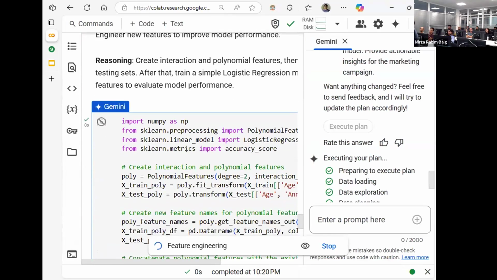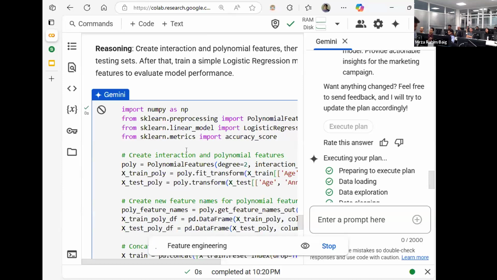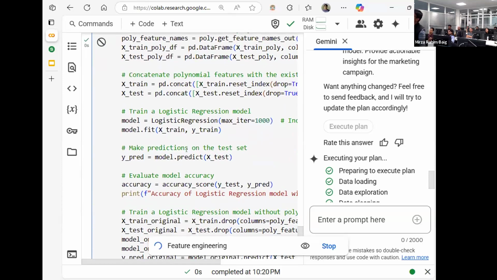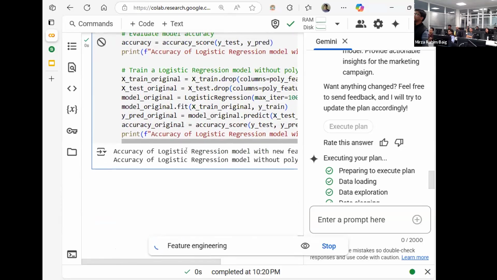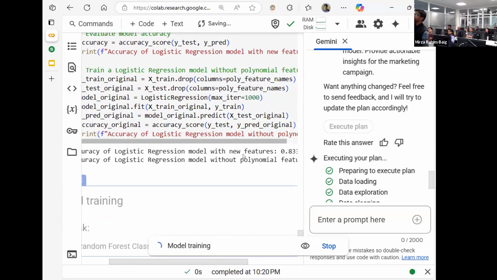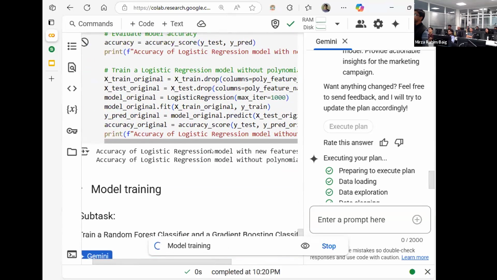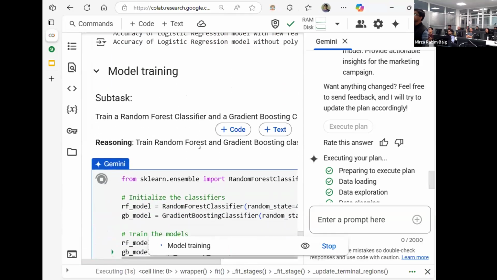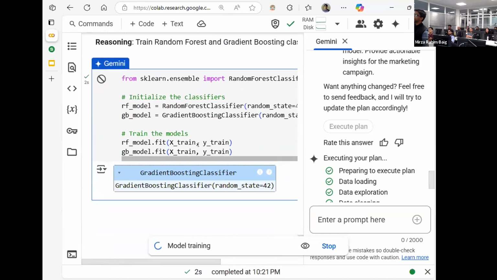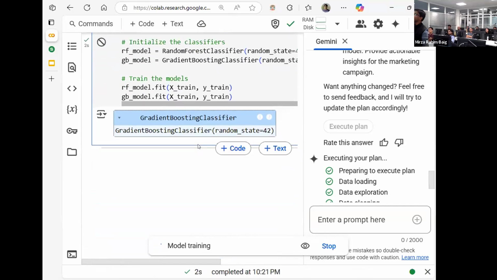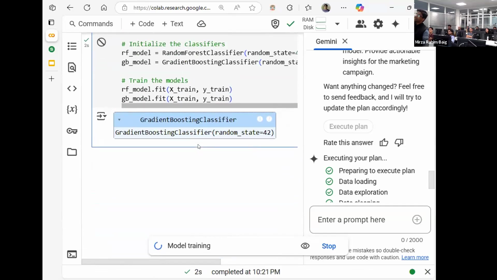Feature engineering. I think you get the point now, you get the idea that this thing is doing all of this. Accuracy of logistic regression with features is 83%, okay? And then it tries a random forest classifier, and then it will give me accuracy for that as well.